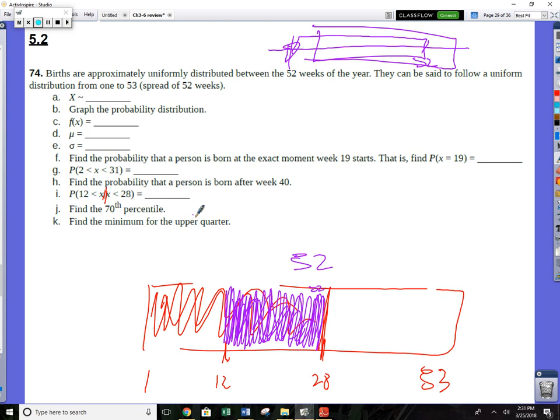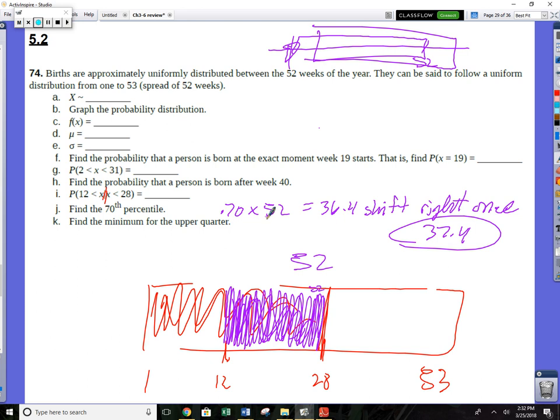So for the 70th percentile I'm going to do 0.70 times 52. 70% of 52, 0.7 times 52, that's 36.4, but I must shift right once. So it's actually going to be 37.4. So that's my 70th percentile.